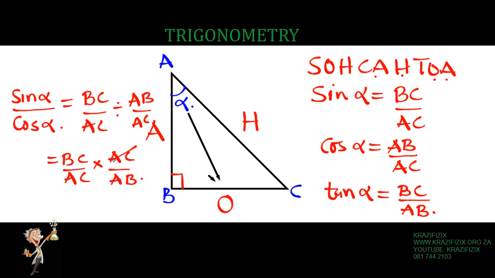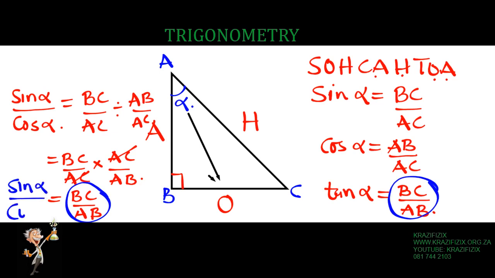Do you notice that divide? What do we have? BC over AB. Again, what do we see? Tan is equal to sine over cos. So sine alpha over cos alpha is equal to tan alpha. I hope that makes sense.